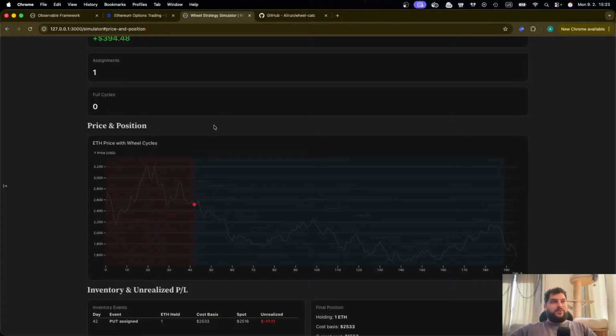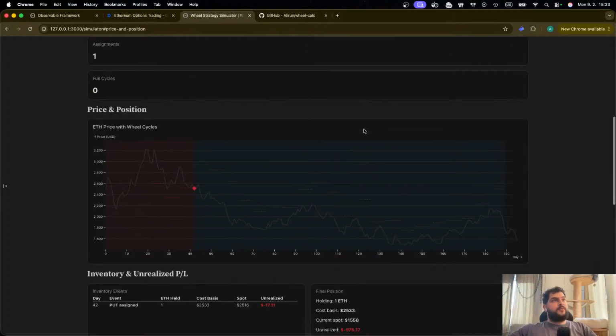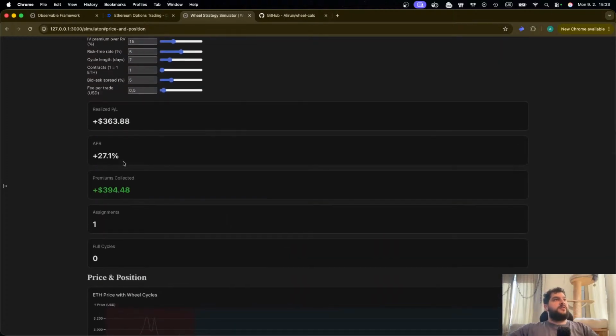You remember before we were assigned all the time, up and down, and that was the problem why we were losing money, because we were buying Ethereum above the current price and then selling it below the current price, and again. And now instead of doing that, we are selecting much higher prices for buying and selling. Because of this, we have smaller premiums, but you can see the APR here now.